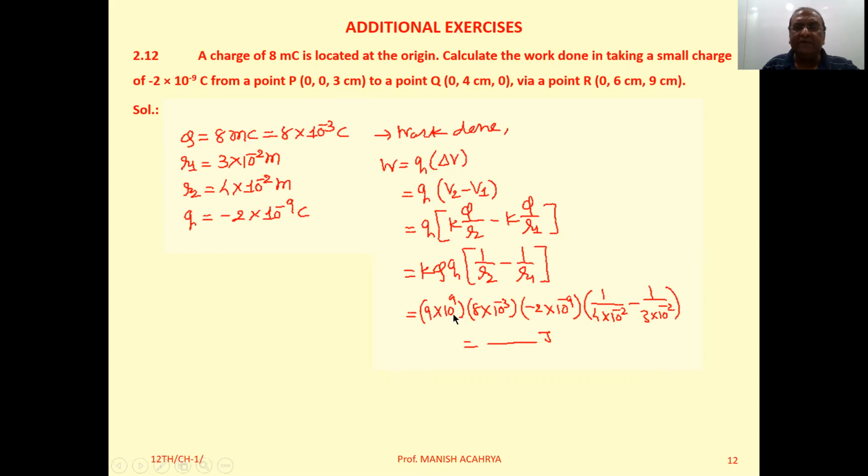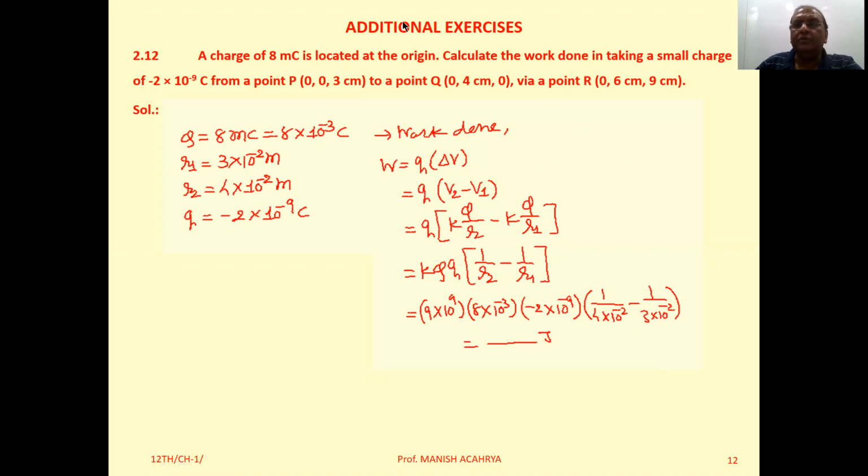K, that is 9 × 10^9, capital Q, that is 8 × 10^-3, small q, that is -2 × 10^-9, then 1 upon R2, that is 1 upon 4 × 10^-2, minus 1 upon R1, that is 3 × 10^-2. Solve this one, you will get the work done to move charge small q from point P to point Q.